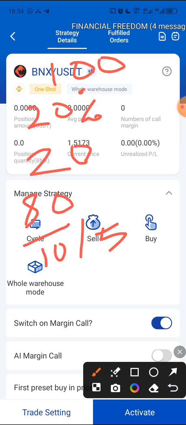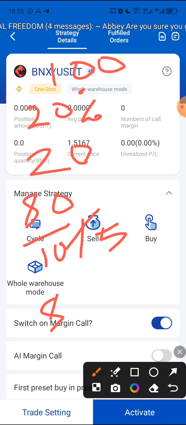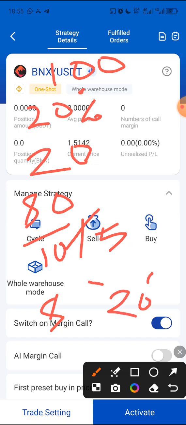Let's say we are dividing by 10, giving you 8 margin calls. Okay, so you want to make sure that by the time this coin drops negative 20%, you are not out of capital. So how are you going to distribute your margin calls? Remember, you have a maximum of 8 margin calls.